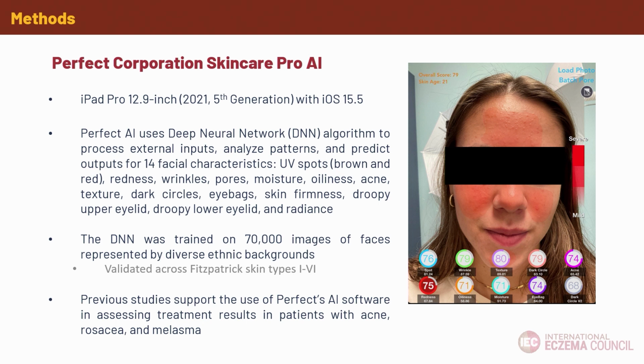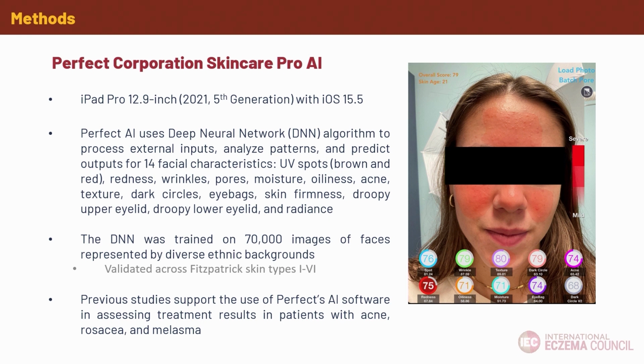So what makes Perfect AI unique is that it incorporates a deep neural network processing algorithm, which is designed to process external inputs, analyze patterns, and predict outputs for 14 facial characteristics, which include brown and red UV spots, redness, wrinkles, pores, moisture, oiliness, texture, dark circles, eye bags, and then droopy upper and lower eyelids, among others.